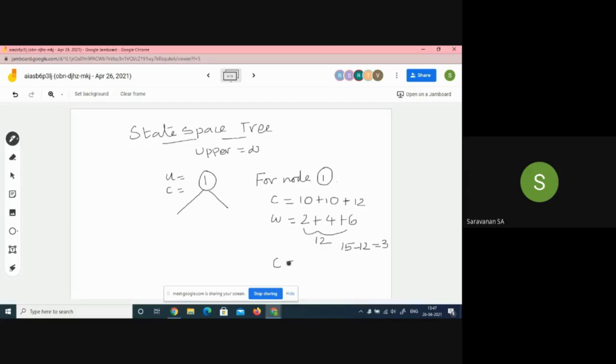So I can do it like this. So c is equal to 10 plus 10 plus 12 plus 18 by 9. So I get the profit for 1 kg as 2, and 3 more kg can be included with this. So 2 times 3 is 6.